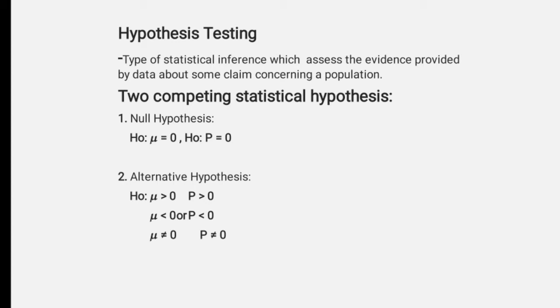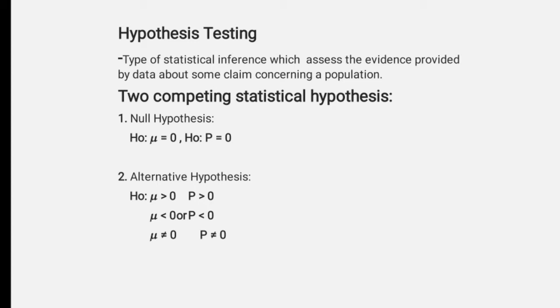Now, the alternative hypothesis will be HA or H alternative, and all the symbols are mathematical symbols that will be used as an inequality. So it could be mu is greater than 0, or mu is less than 0, or mu not equal to 0.